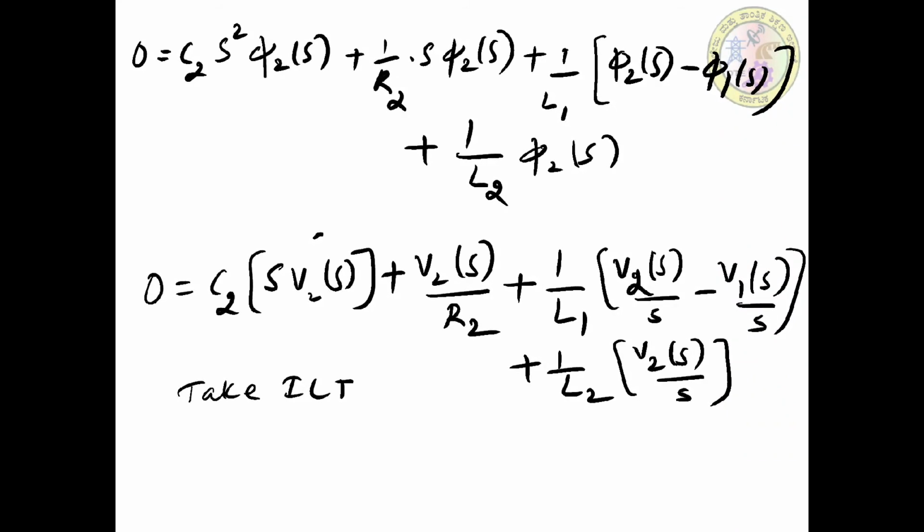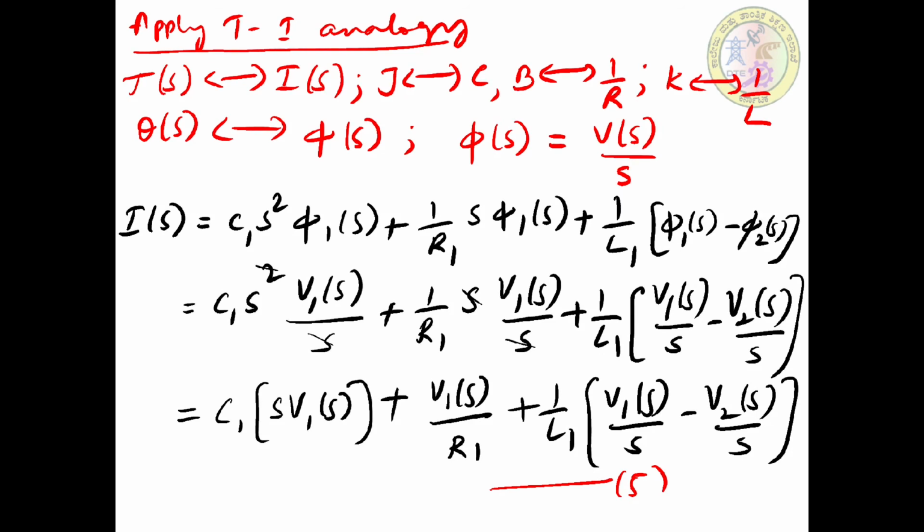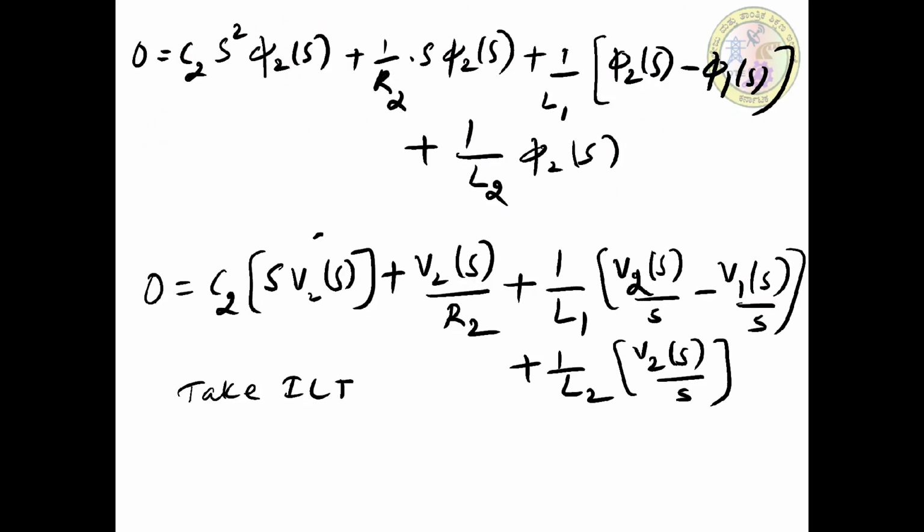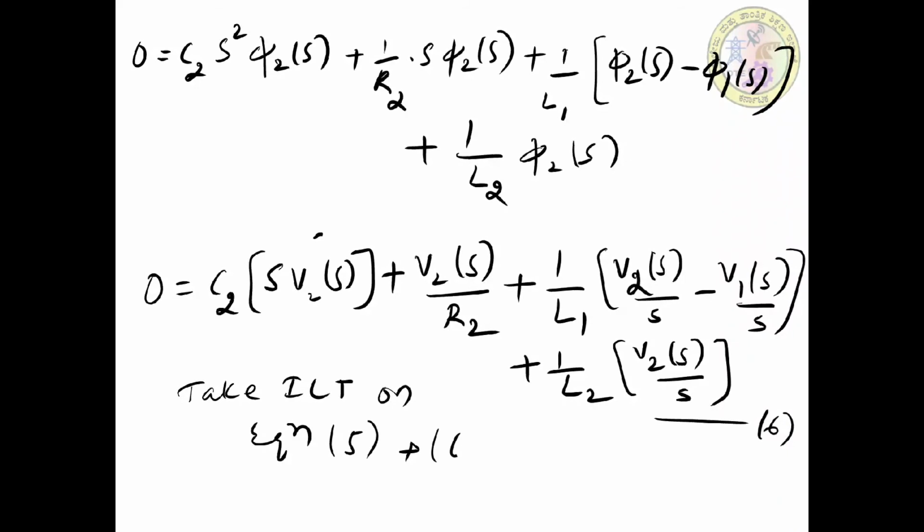Let us call this equation 6. Take ILT on equations 5 and 6. By doing so we have two equations.